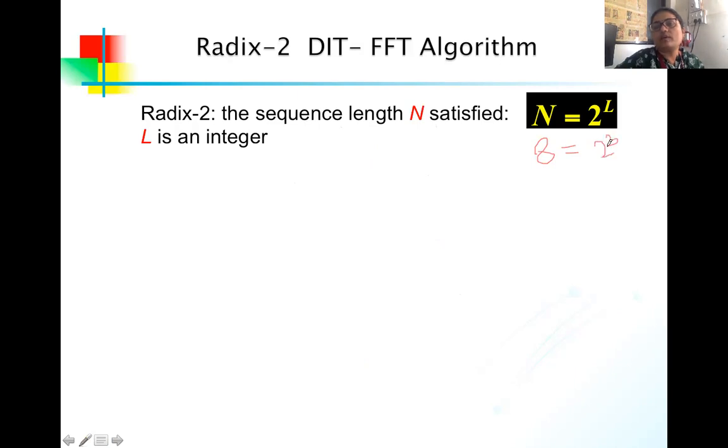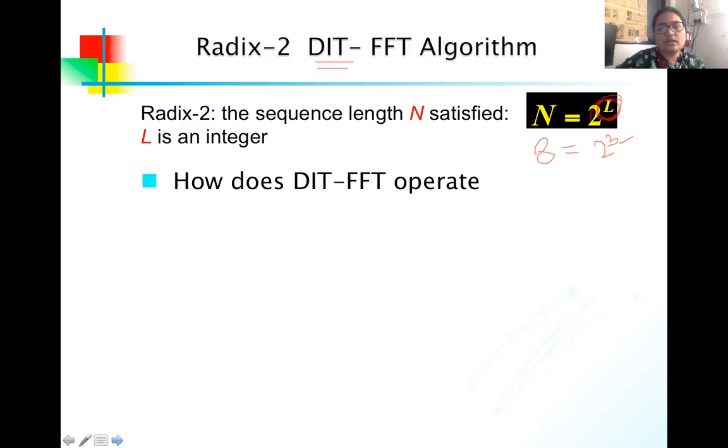Here a DIT FFT algorithm requires 3 levels of computation to get the DFT values. L indicates the number of levels that need to be applied in order to find the output. So 3 levels are required.